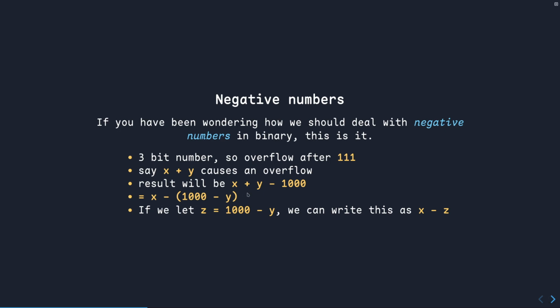We can actually rewrite this result to be x minus (1000 minus y). And if we now let c be this part within the brackets, we can rewrite this as x minus c, which already brings us closer to what is potentially a subtraction. Remember, we were initially just adding two numbers together, but we are getting a different number that is potentially smaller than x originally was.